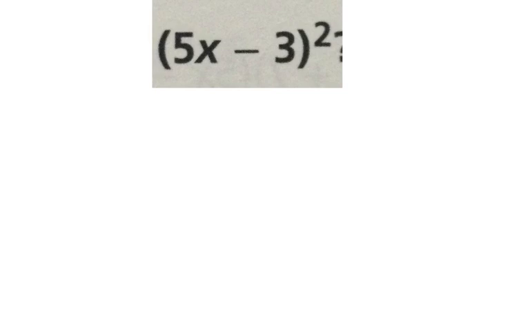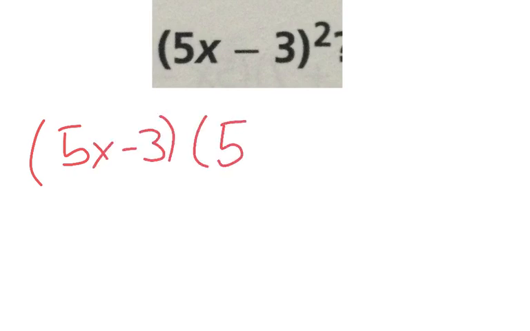Here's the next one. 5x minus 3 squared. So if I'm squaring this binomial, that means I'm multiplying 5x minus 3 times 5x minus 3.